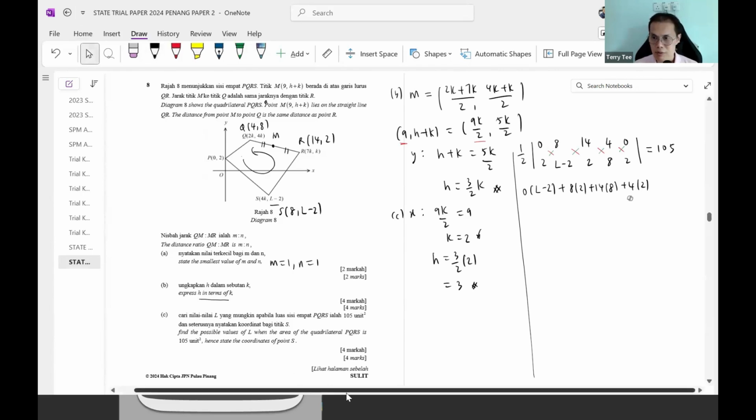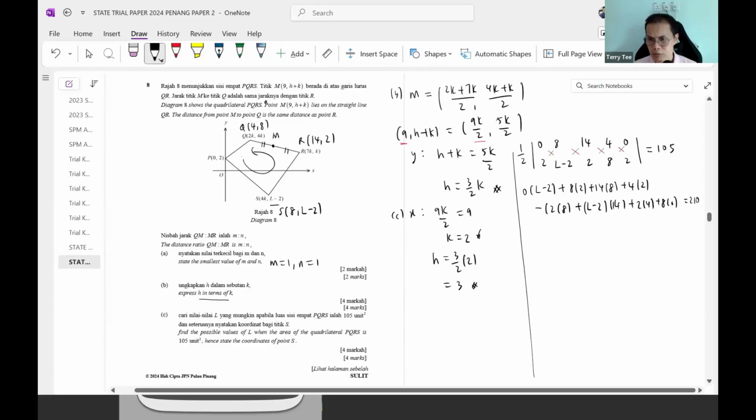I may not have enough space here, so I'm going to put the minus on the next line. This is 2 times 8, and this is L minus 2 times 14. There's a 14 here. And then 2 times 4, and then 8 times 0. The result is 105 times 2, 210.